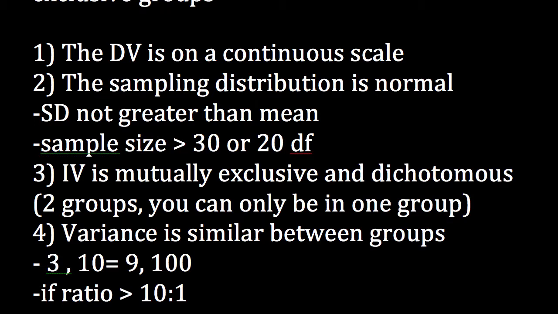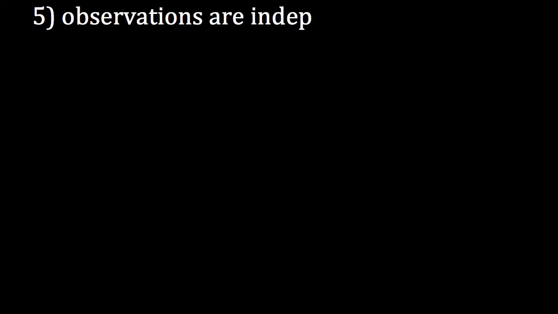Therefore, we'll have to use an ordinal test for this type of data. Now, this is a rough way of looking at variance, but I think this is the simplest way for you guys at this point. And the last assumption is that observations are independent. And remember, this is because we're looking at the unpaired test. Each participant only provides one data point.